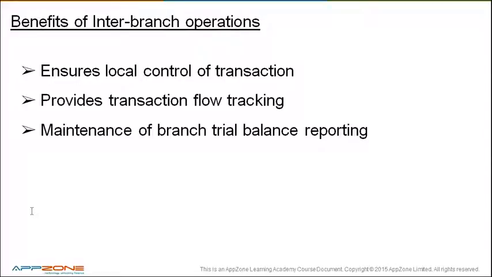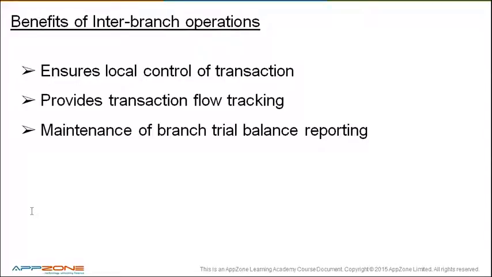It also helps to maintain branch trial balance reporting. A branch can perform a transaction on behalf of another branch. This is possible because the interbranch default settlement is in place, and it helps to automatically balance those transactions that happen across branches, where a customer of branch A walks into branch B to do deposit or withdrawal.